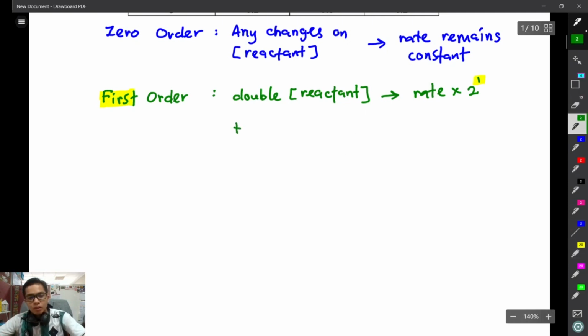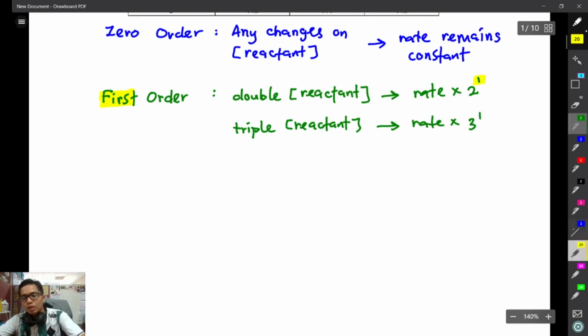If we triple the concentration of reactant, then rate will be 3 power of 1. Again, 1 is referring to the order.